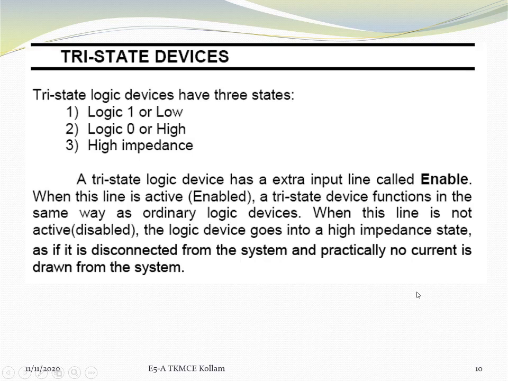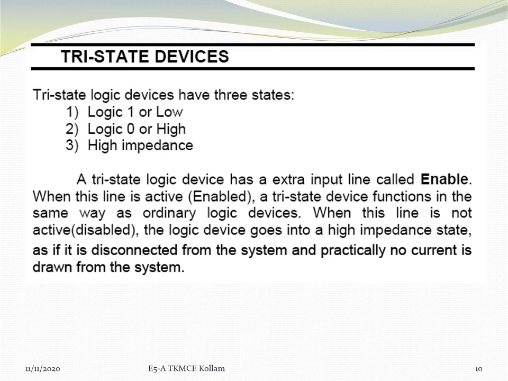Then another important thing is tri-state device, that is tri-state buffer. Tri-state logic device has 3 states: logic 1 or high, logic 0 or low, and high impedance state. A tri-state logic device has an extra input line called enable pin.